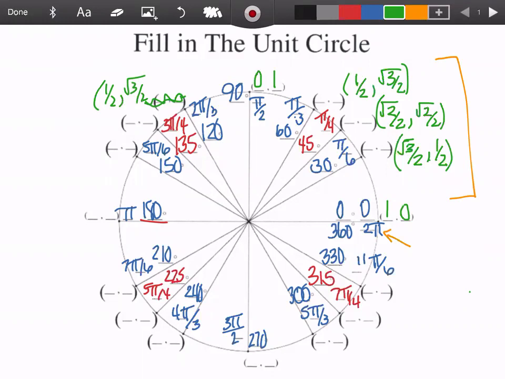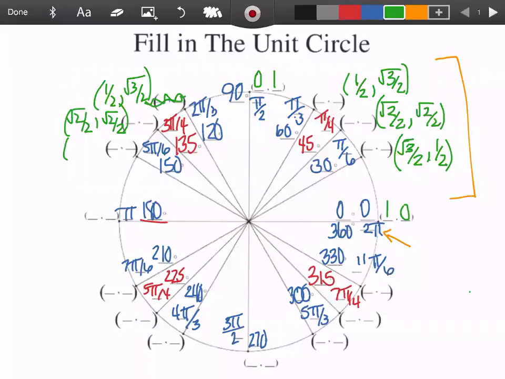And we're going to fill in the signs in a second. But then we have 3 pi over 4, or 135, which we refer back to the 45-degree angle, or pi over 4, which is square root of 2 over 2.